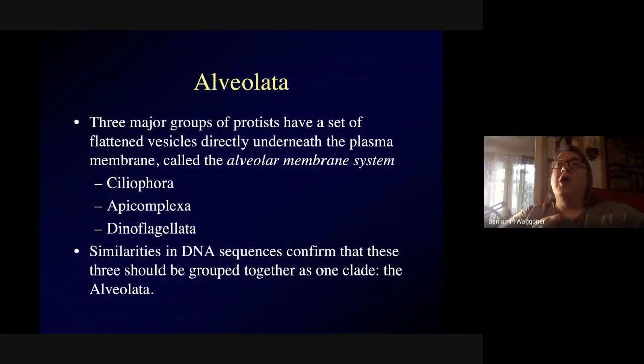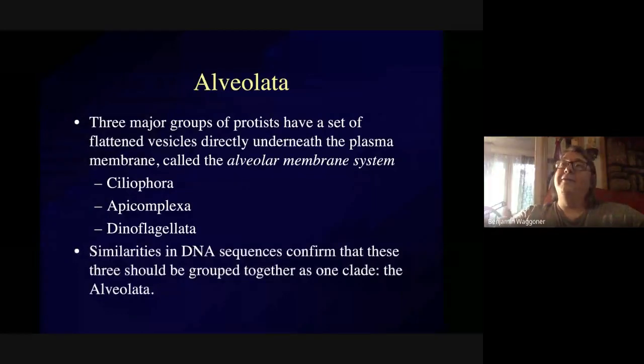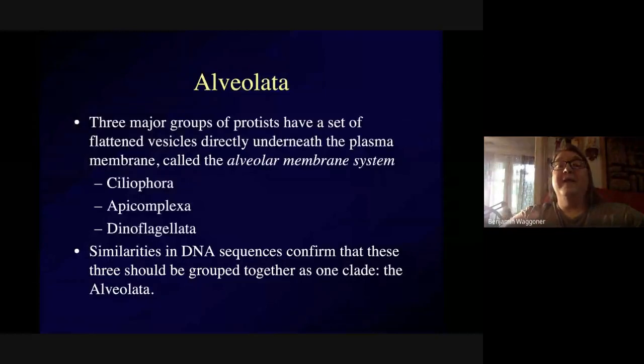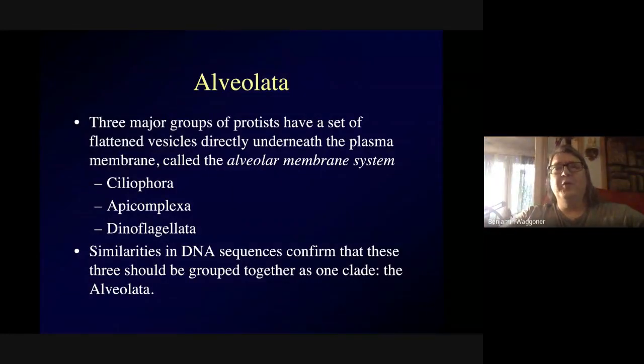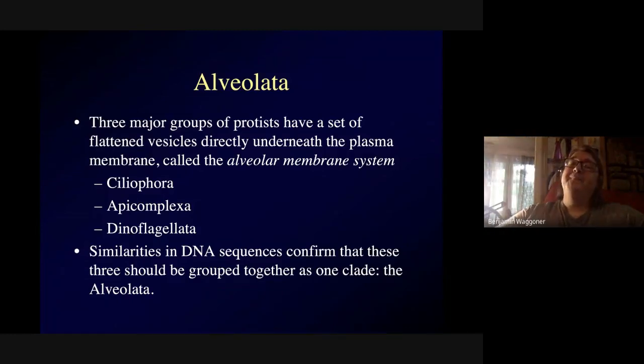We divide SAR into Straminopiles, alveolata, and Rhizaria. We divide alveolata into 3 major subgroups, and there's actually a couple that don't quite fit in any of these 3, but these are the big ones. Alveolata refers to the alveolar membrane system because all 3 groups have these flattened vesicles right underneath the plasma membrane.